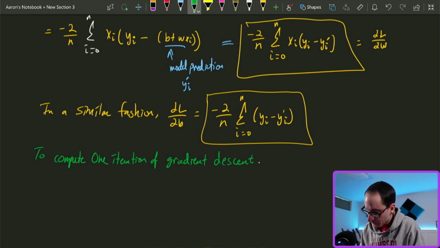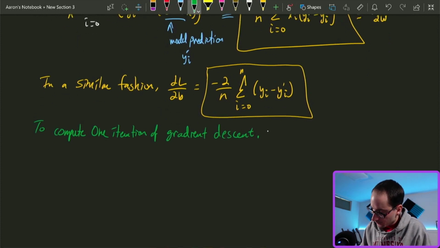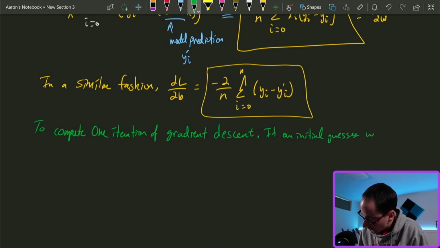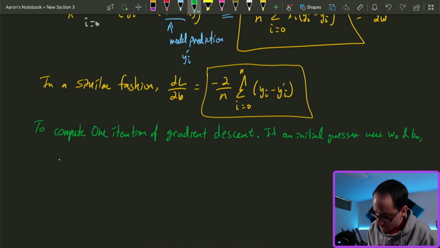So let's say we started with just some random initial values, W0 and B0, and suppose we have some step size h. So if our initial guesses were W0 and B0, then I would update them.